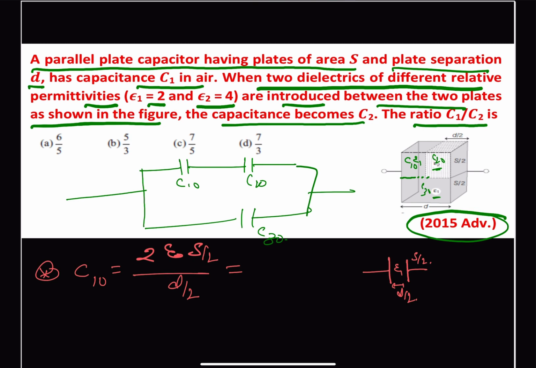So this comes as 2 epsilon naught S by 2 divided by D by 2, and here the 2 and 2 cancel out, so this comes as 2 epsilon naught S divided by D. And next is our C20.